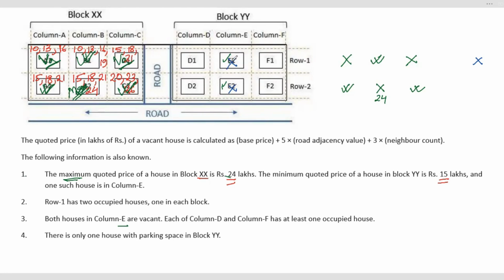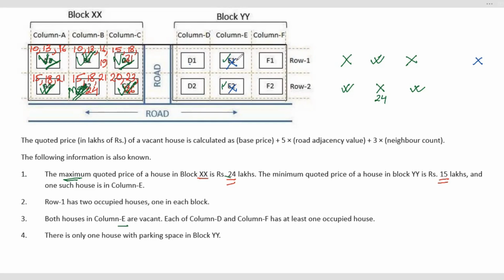If it is 15, then it has parking, and then one occupied will be there, either this occupied or this occupied, if the minimum price is 15. So there are two cases appearing. It is our 15, and one of them is occupied.